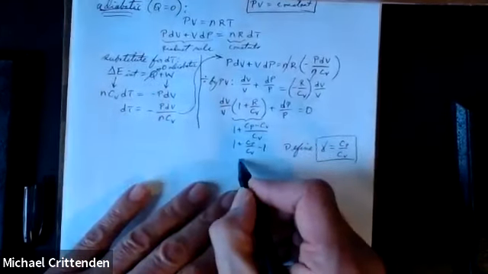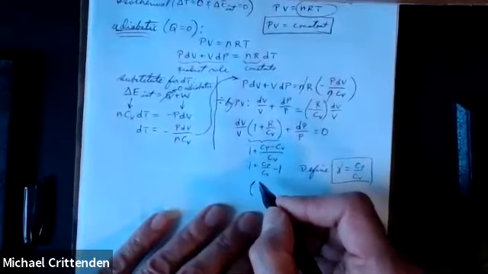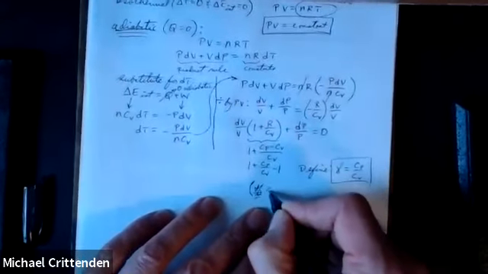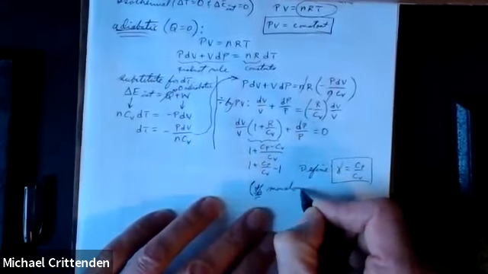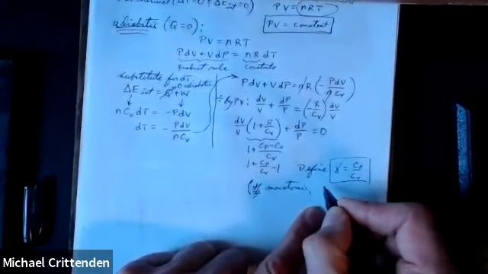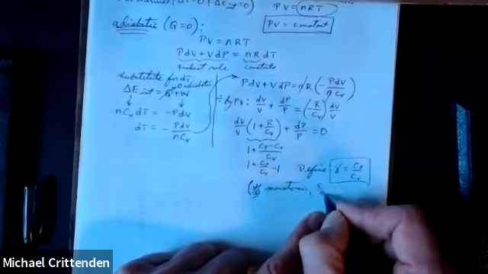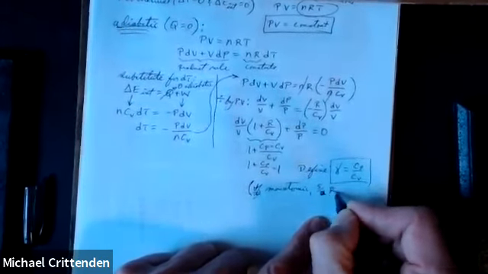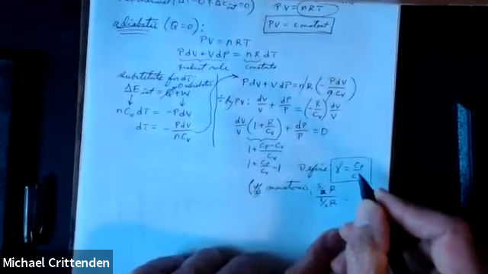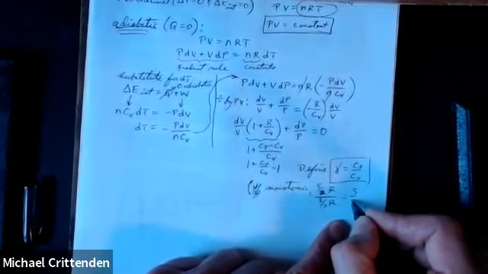I'll just put in parentheses that if you're talking about a monatomic gas like helium, Cp is 5 halves R, and Cv is 3 halves R. So the ratio would be 5/3.